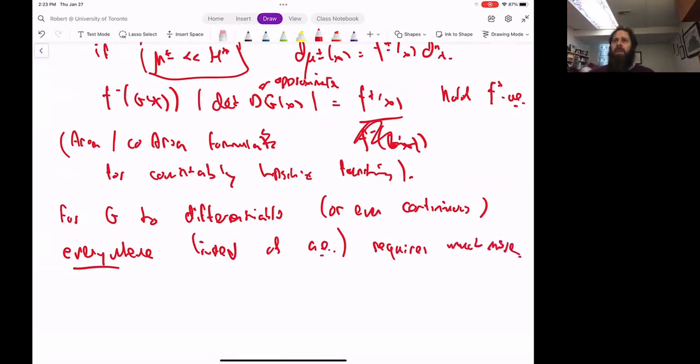And you can sort of imagine this has to be true. So for example, if your source is connected and your target is disconnected, G is going to have a discontinuity somewhere, because the continuous image of a connected set is always connected.